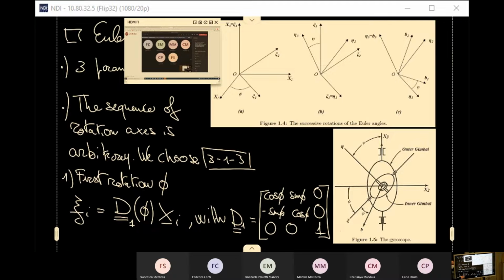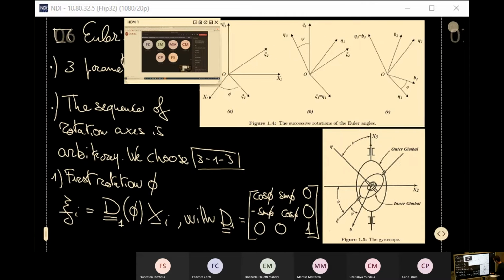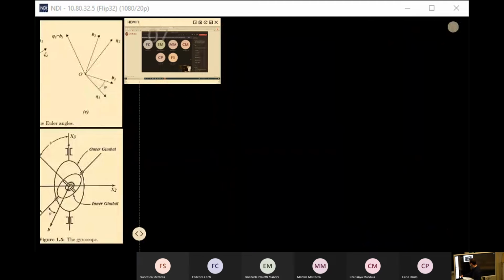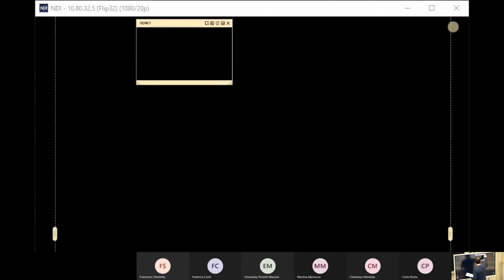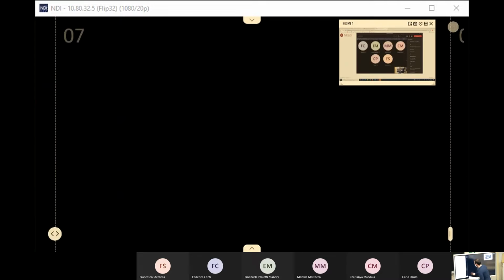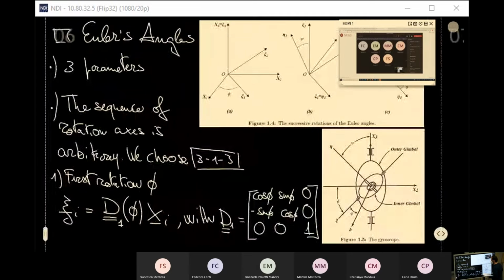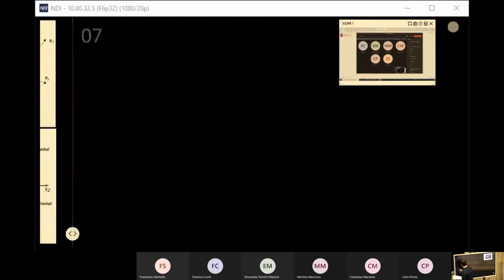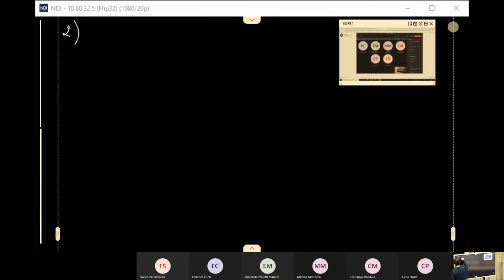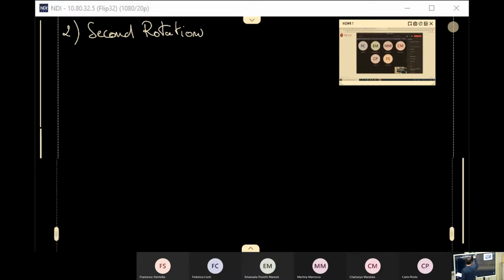Now, we do the same thing for the second rotation, psi.